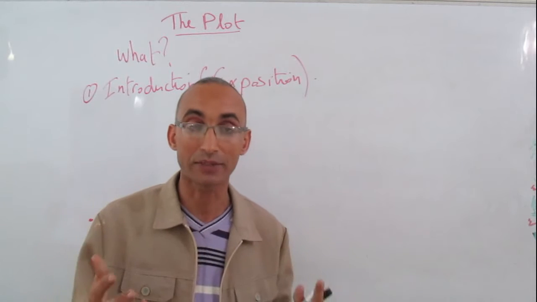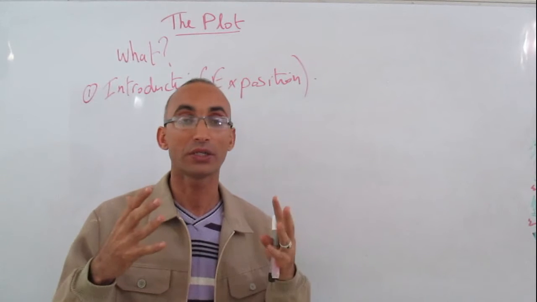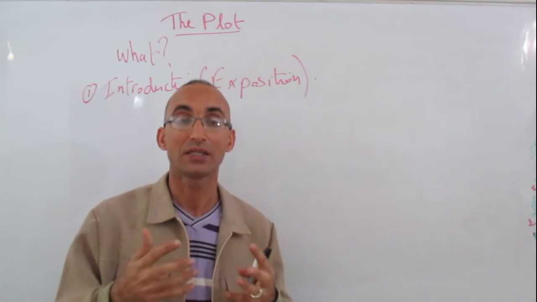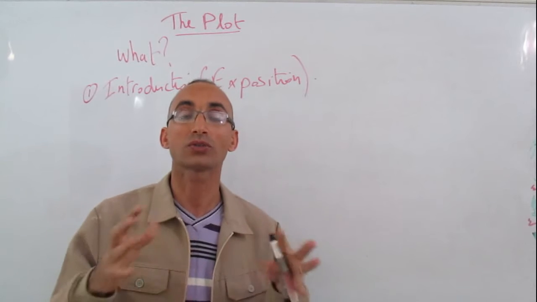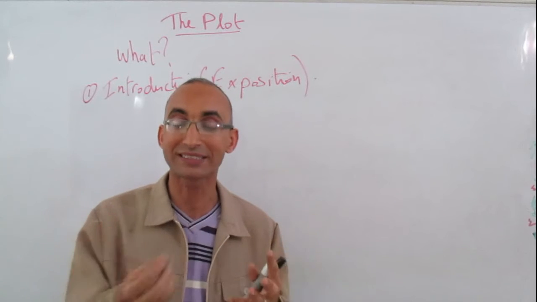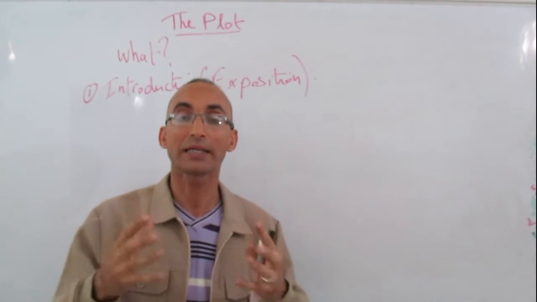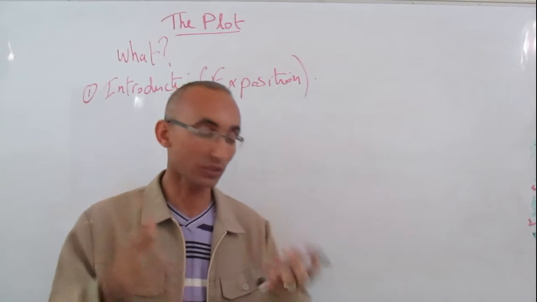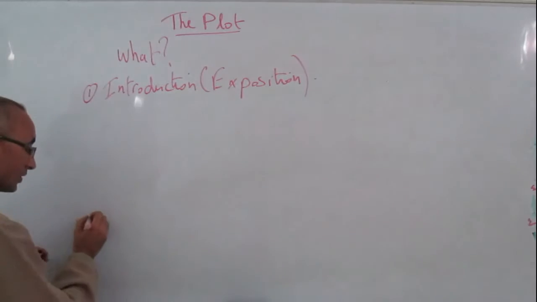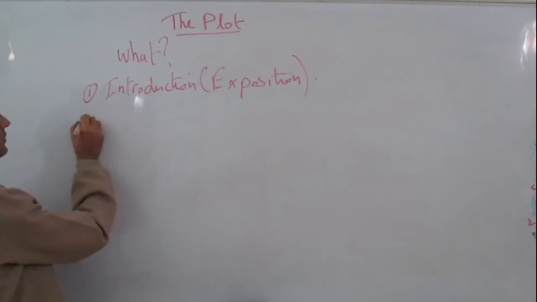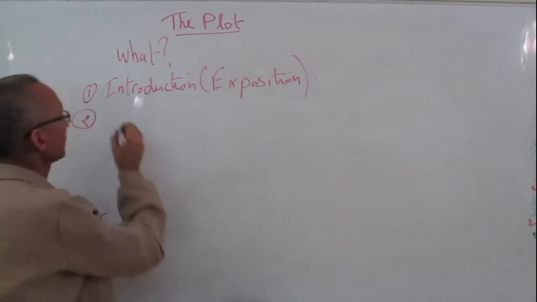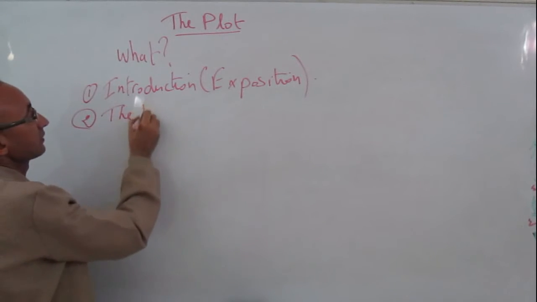But usually, what makes the course of events rise is the conflict or the tension of conflict, which leads to the rise of action. So the second part of the plot is called the rising action.